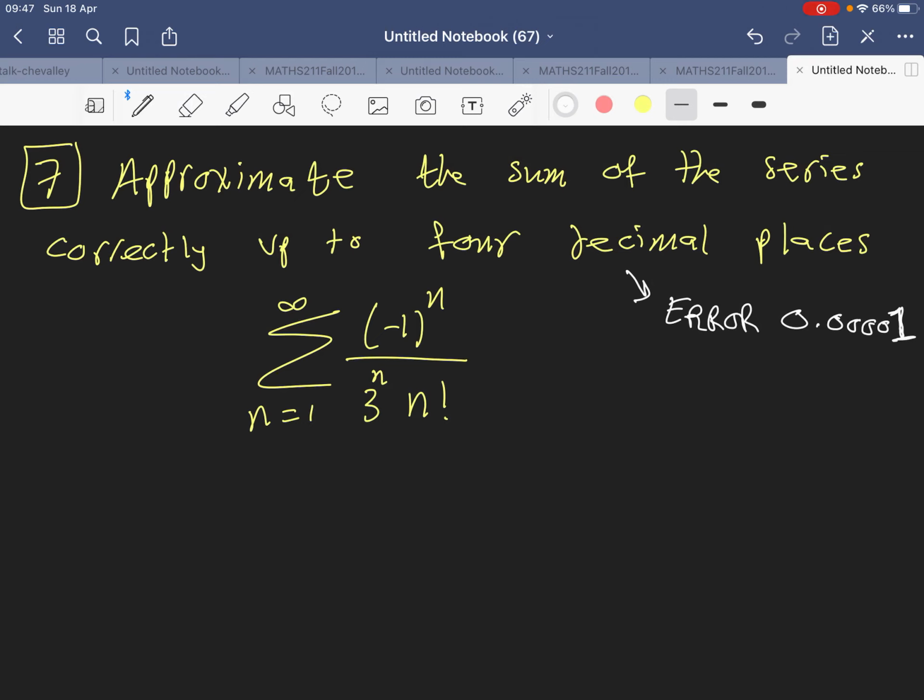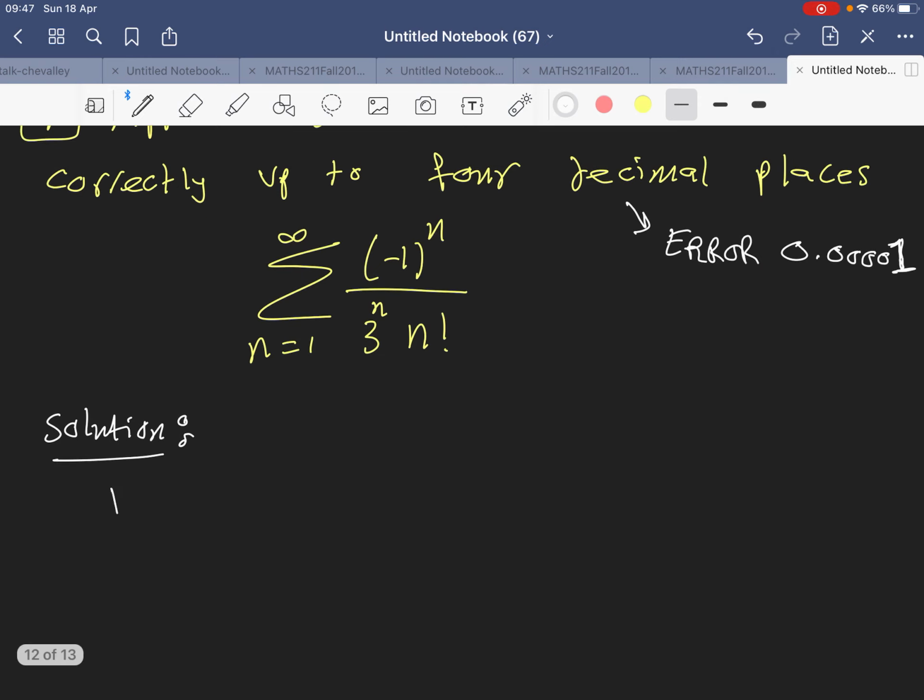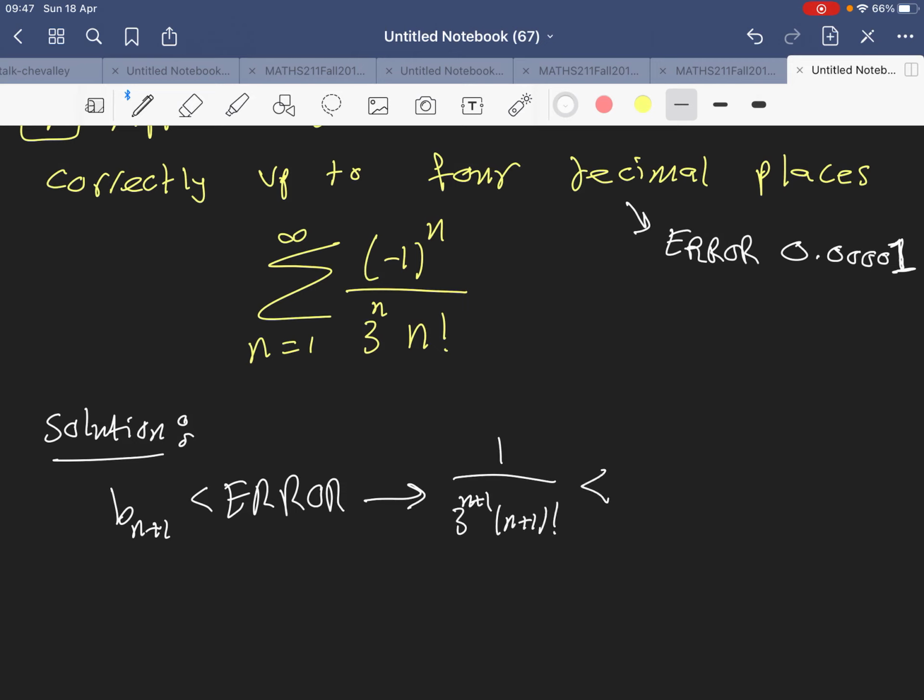So we have to do exactly the same thing we just did before. We have here Bn plus 1 should be less than the error, and Bn is 1 over 3 to the n plus 1 times n plus 1 factorial, less than 0.00001.